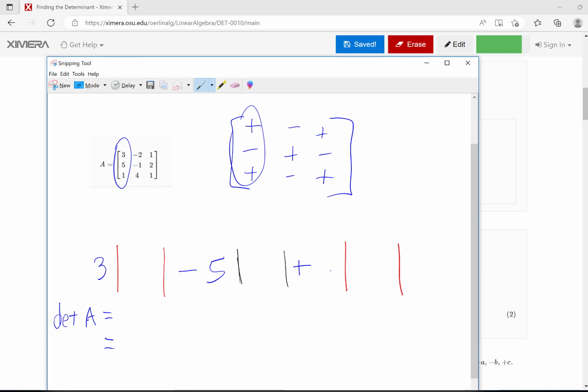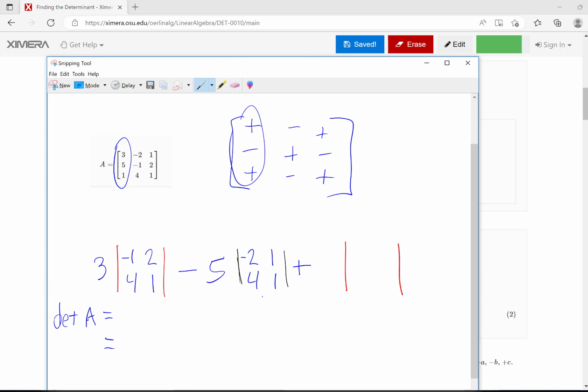Can you see what these matrices should be? 3 times the determinant of -1, 2, 4, 1. That's the smaller submatrix. That does not include the entries in the same row or column as 3. Minus 5 times what submatrix? Well, it would be -2, +1, +4, +1.